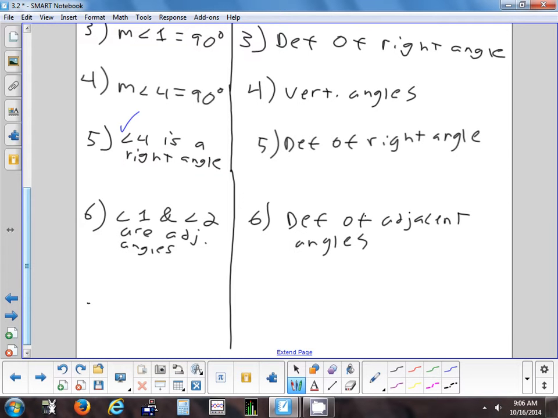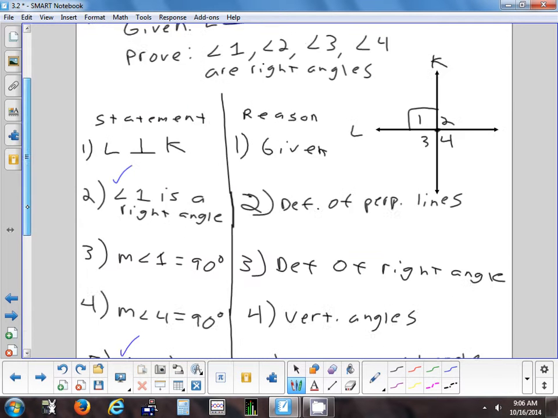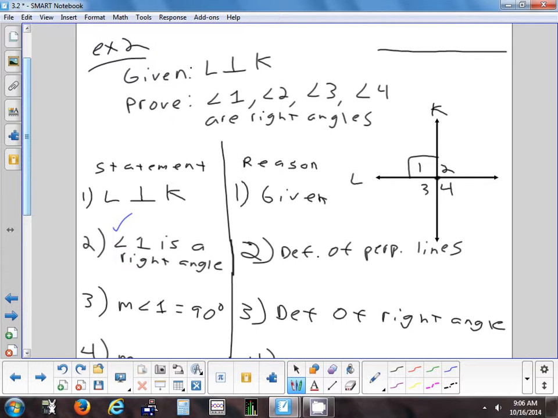The next thing we know is that their non-common sides form opposite rays. I'm talking about that side and that side. So if they're adjacent and the non-common sides form opposite rays, that makes angles 1 and 2 what?